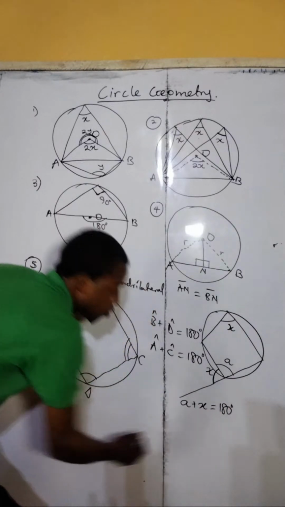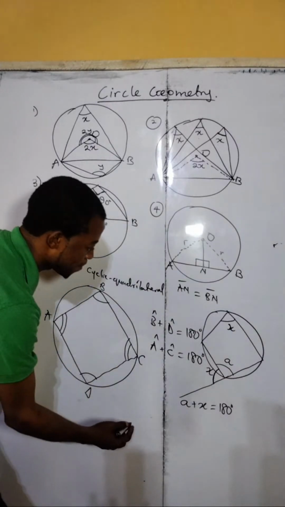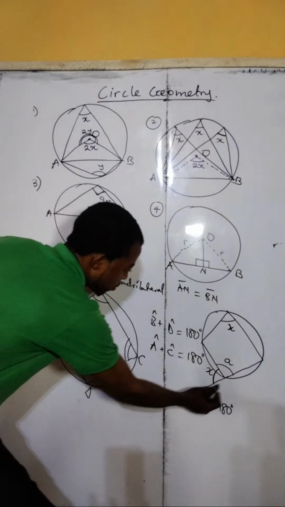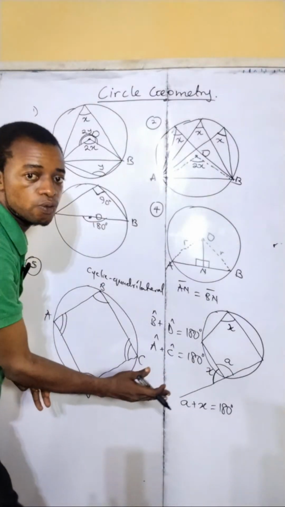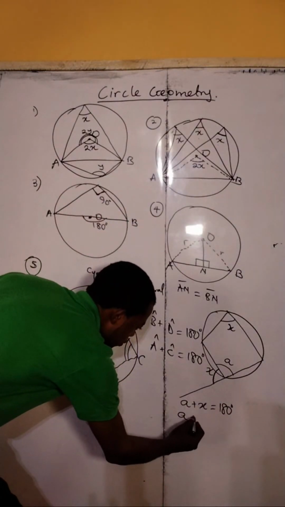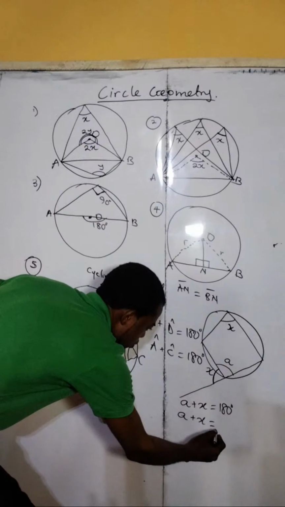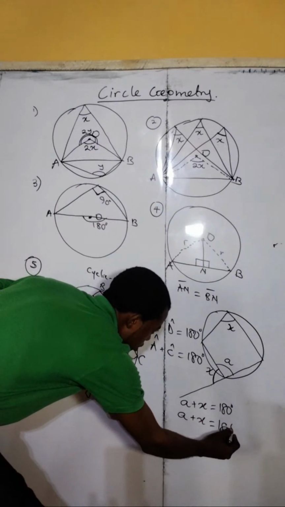That's from this theorem, which is opposite angles add up to 180. And also, don't forget that here we have a straight line. So angles on a straight line also add up to 180 degrees. So when we add this together, A plus x also equals 180 degrees.